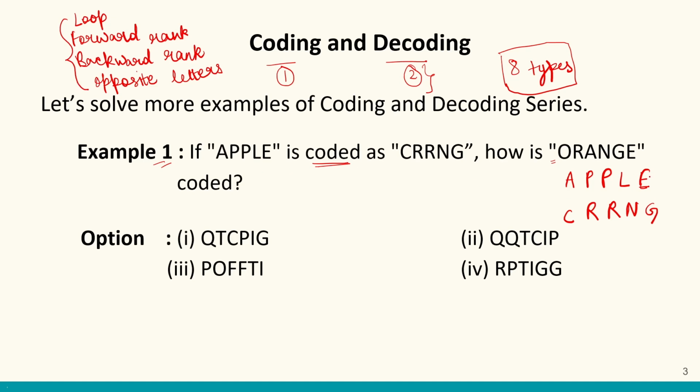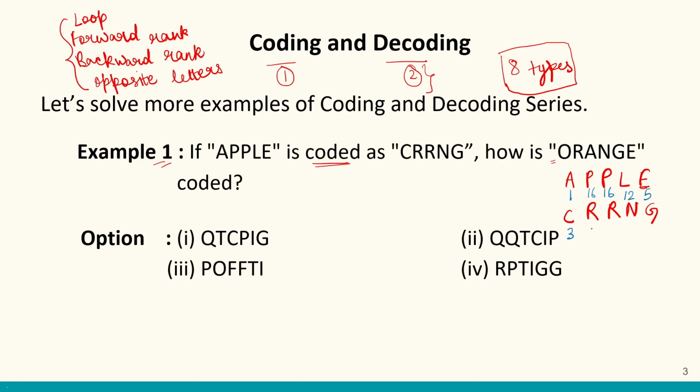So in this question, if I give ranks to all of these, then A is ranked as 1, P is ranked as 16, L is ranked at 12, and E is ranked at 5.